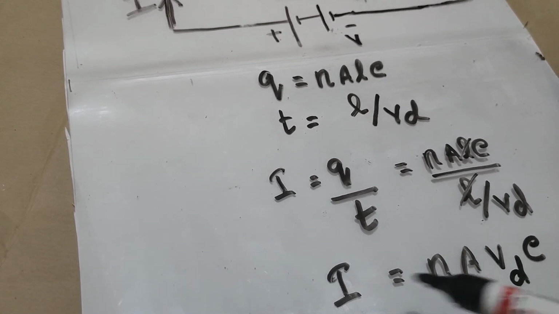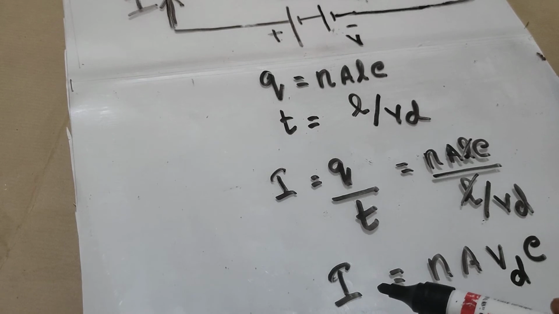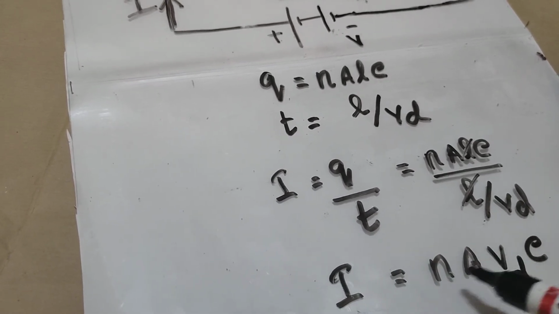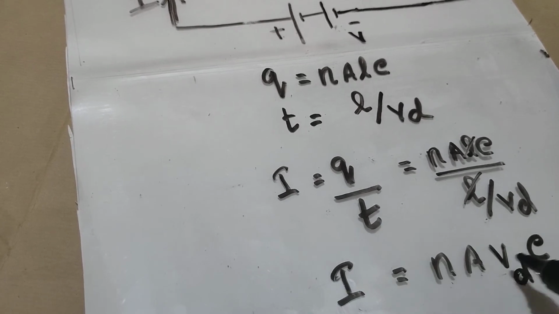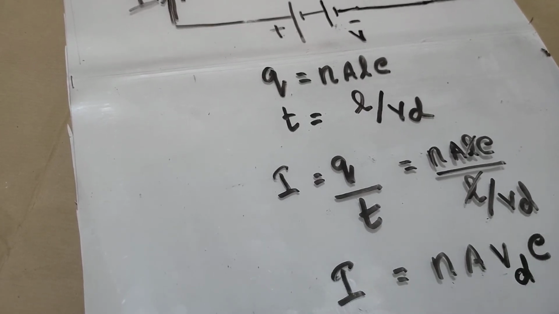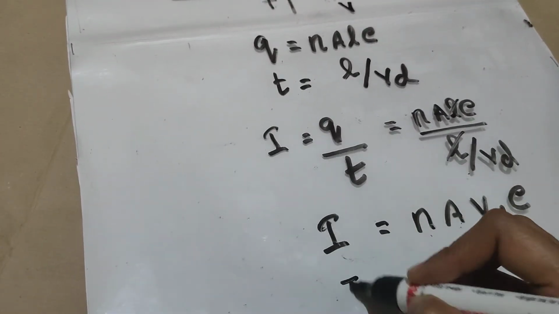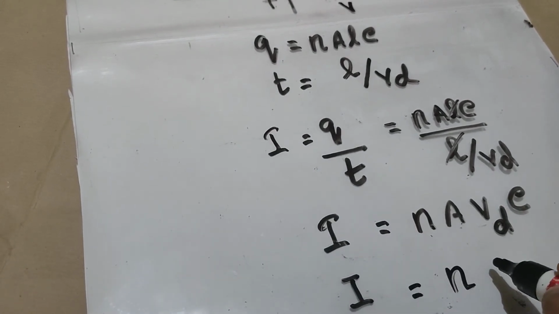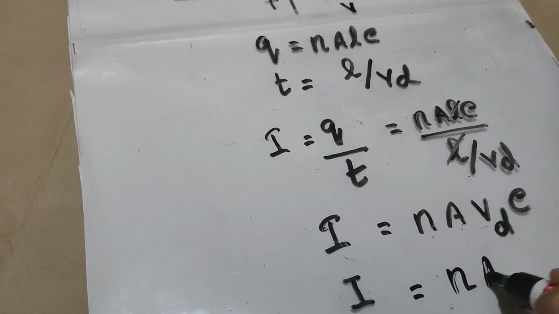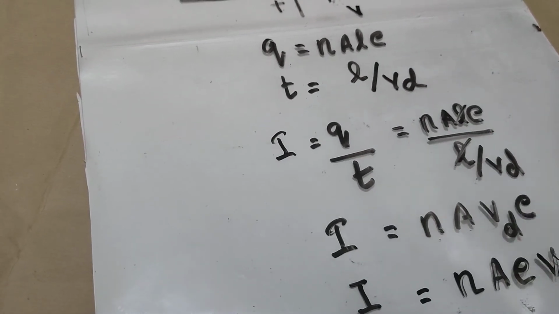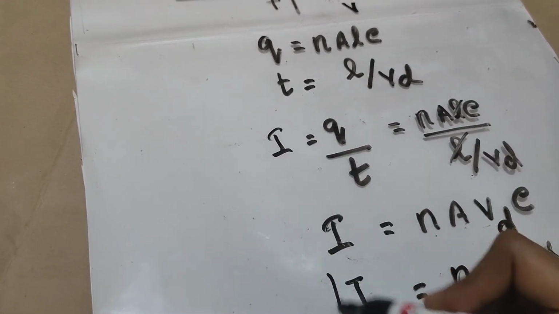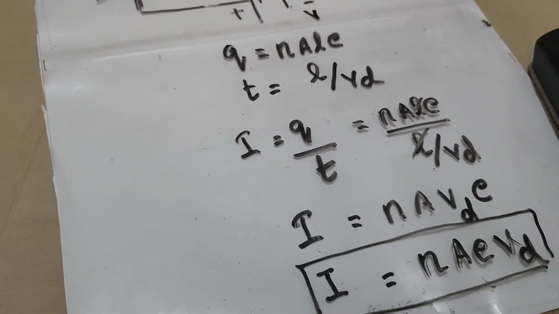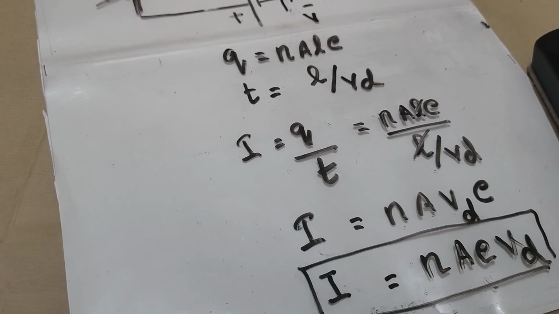So this equation gives us a relation between drift velocity Vd and electric current I. I is equal to nAVde, or we can write this as I is equal to nAeVd. nAeVd is the relation which connects electric current and drift velocity.